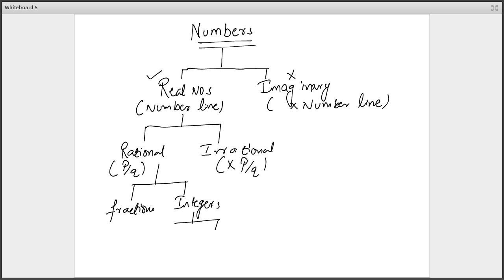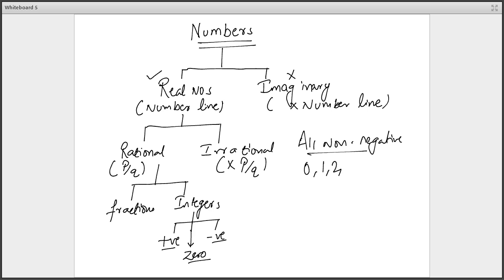Further classification of integers. It is positive integers, negative integers, and zero.